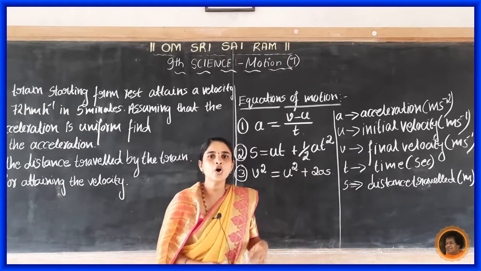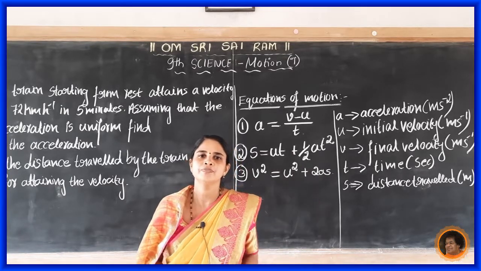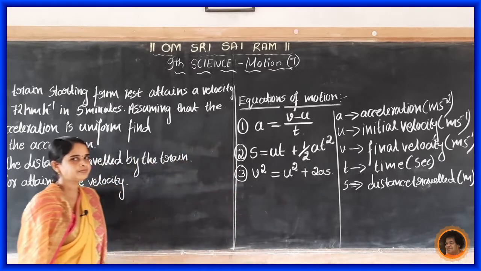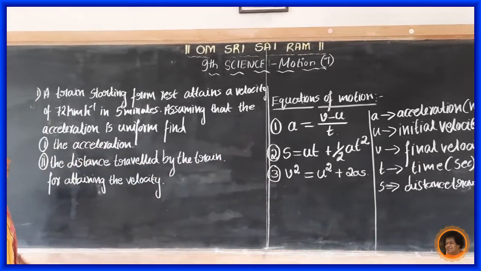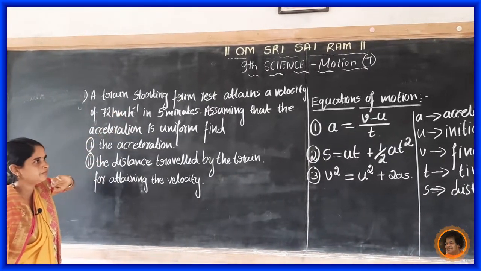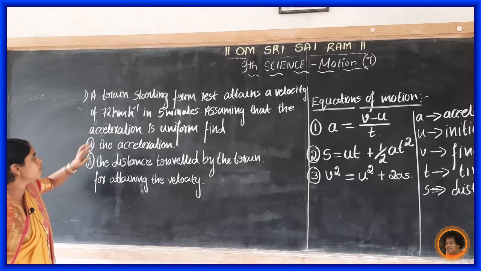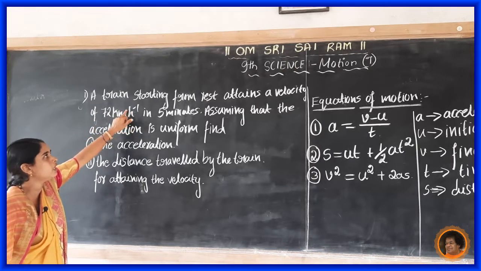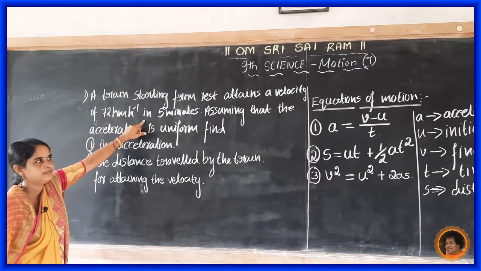Now some problems related to these equations of motion. In the first problem, a train starting from rest attains a velocity of 72 km per hour in 5 minutes.